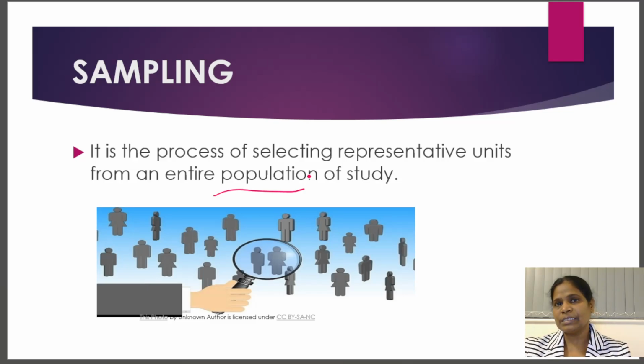A particular population will be selected, and from that population we select a sample, which is also said to be a subset of the population. We use different terminologies: representative units or participants or subjects. So sampling is a method of selecting those participants, representative units or subjects from the entire population of the study.